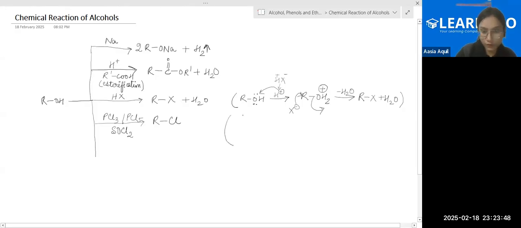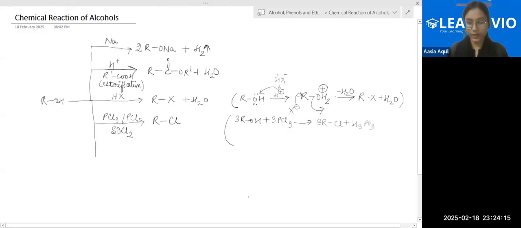Let's write here. Don't be confused. When you use 3 moles of ROH plus 3 moles of PCl3, you will get 3RCl, and your byproduct will be H3PO3.